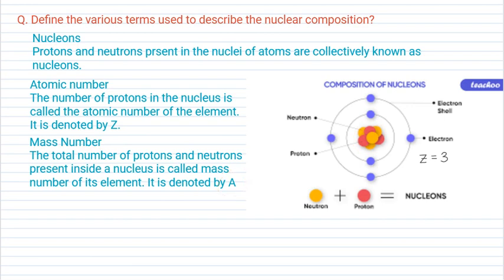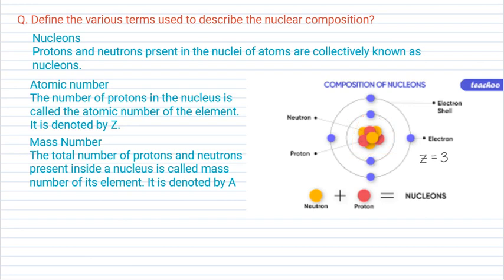So in our picture, for this case, count how many protons you have. You have 1 proton, 2 protons, 3 protons, which is denoted by the atomic number. Next, count the number of neutrons. You have 1 neutron, 2 neutrons, 3 neutrons, 4 neutrons. So in this case you have 4 neutrons and 3 protons.